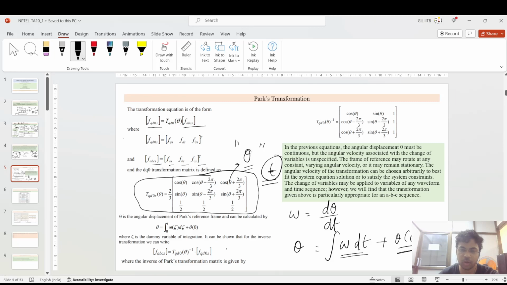You can convert from ABC to DQ naught, and from DQ naught back to ABC as well. These are the two most important ones, the Park's and the Clarke's transformations. The important point is that you have to remember where to use which. As I said, for ABC to alpha beta you use Clarke's transformation, and for conversion of ABC to DQ naught you use Park's transformation.